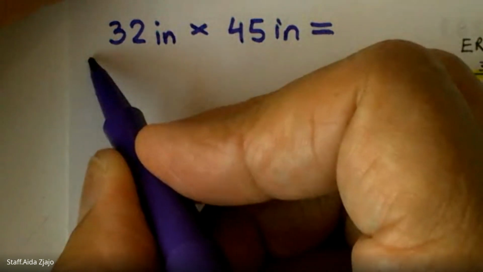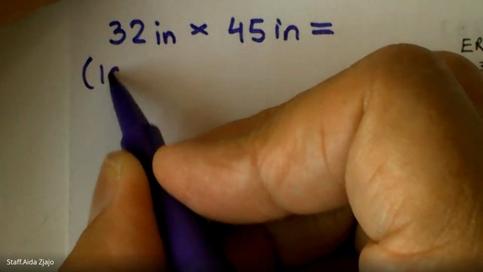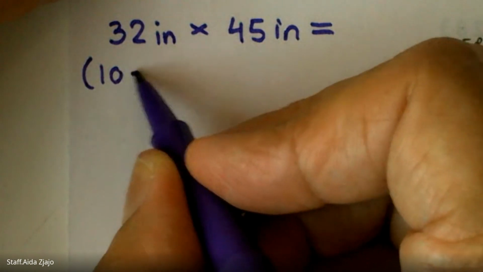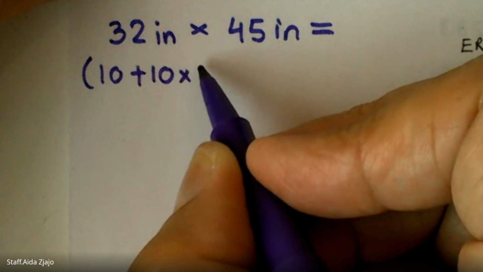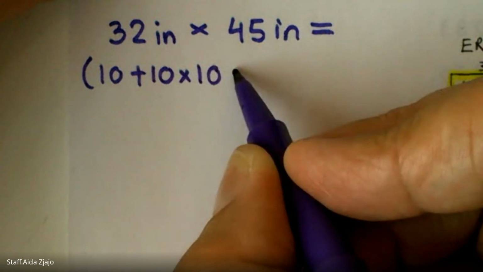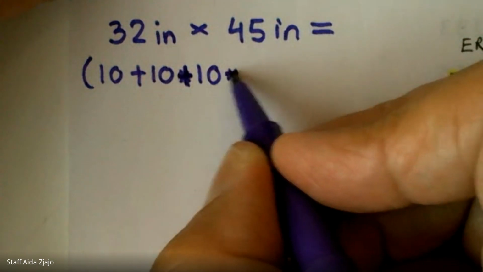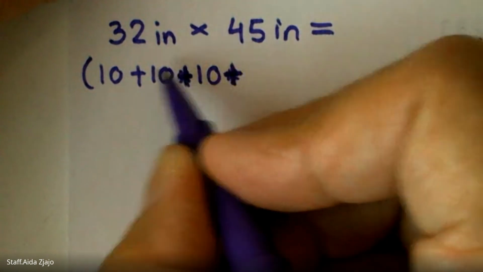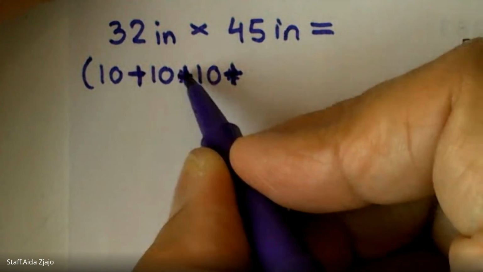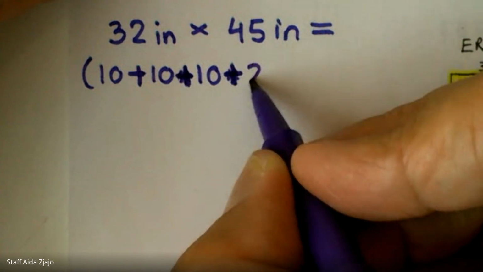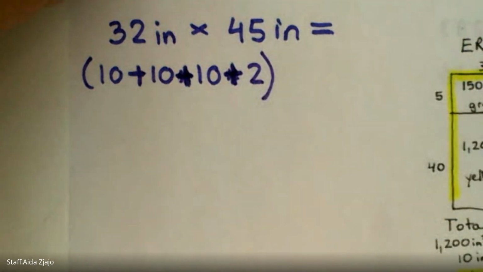For example, I can do 10 plus 10 plus 10 plus 2, and that makes 32, correct?